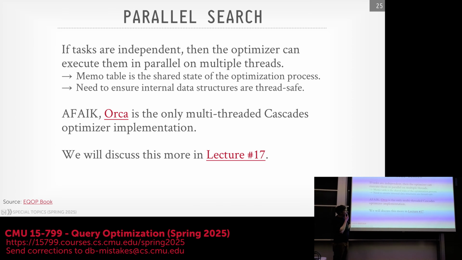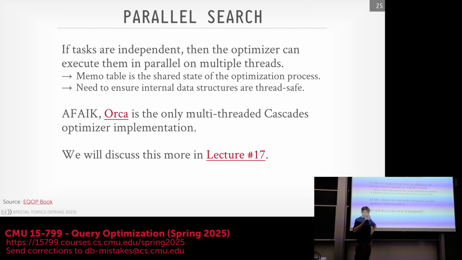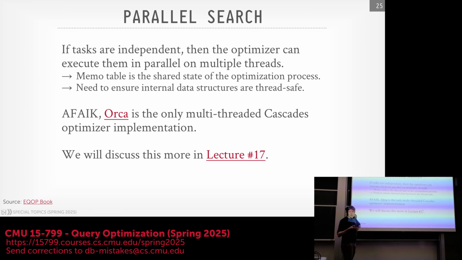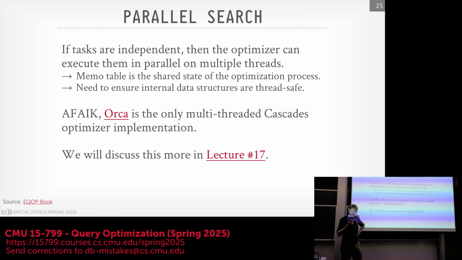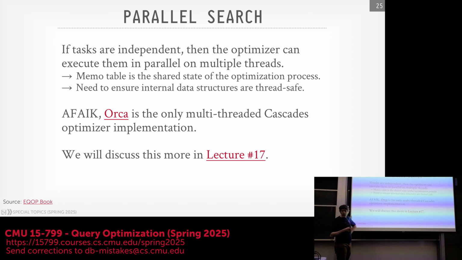I suspect the reason SQL Server doesn't do it is that in the 90s when they started building their Cascades optimizer, that was the Pentium 4 era, maybe even earlier. You had a single CPU with a single thread. It wasn't until around 2004, 2005, with Intel's Hyper-Threading architecture, where they started throwing in a ton more cores. Sun had this Niagara thing.